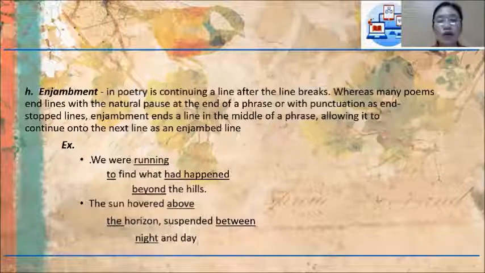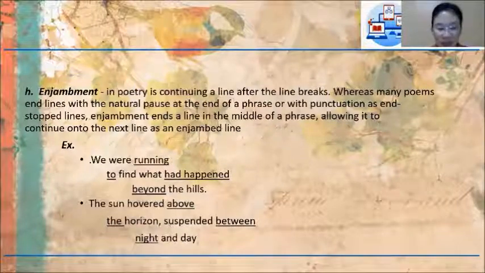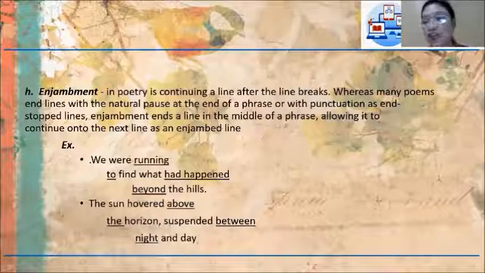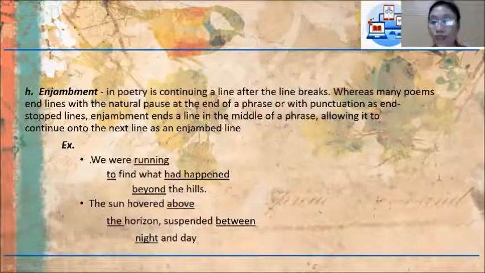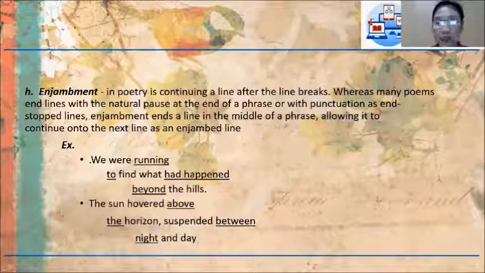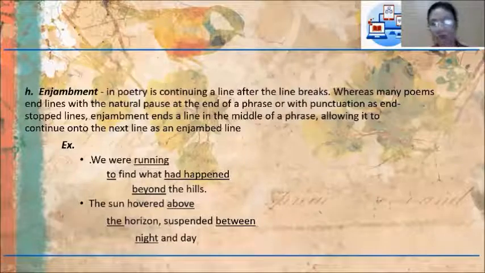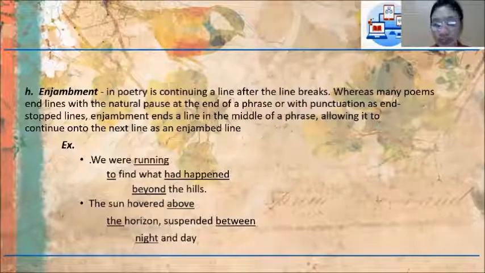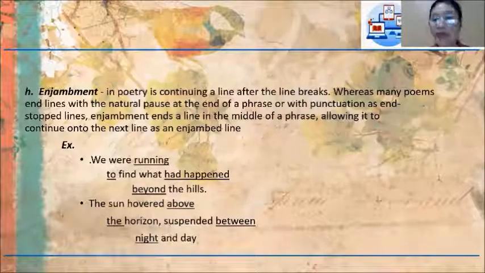And also, we discussed the modern classification types of poetry. We have acrostic, shape poem, diamond poem, and haiku.